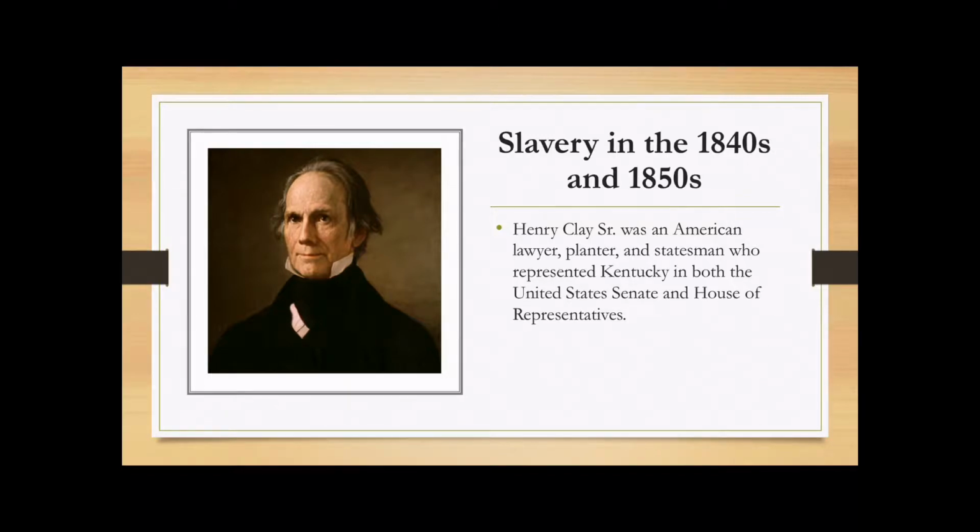After Missouri's admission to the Union in 1821, no other states were admitted until 1836, when Arkansas became a slave state, followed by Michigan in 1837 as a free state.